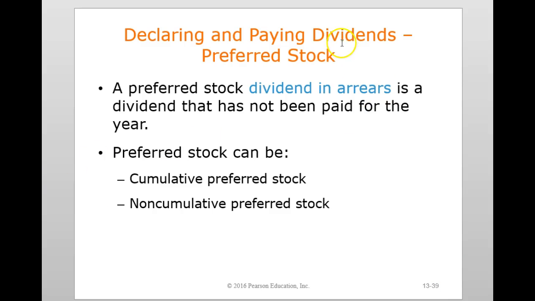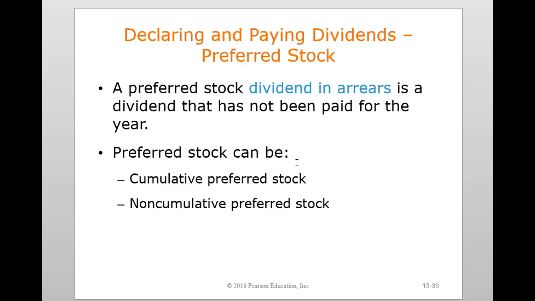So let's move down. Now, when you're paying a dividend for preferred stock, it always gets paid its dividend, usually, and it can be cumulative preferred, or it can be non-cumulative. The difference between the two: cumulative means they get paid every year, whether there's a dividend declared or not, and that accumulates.